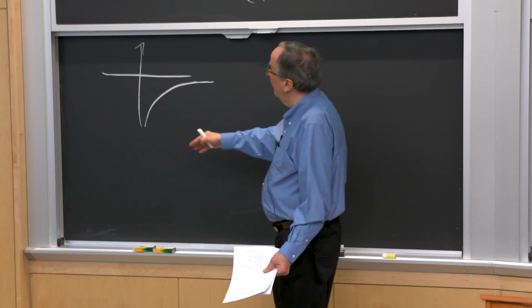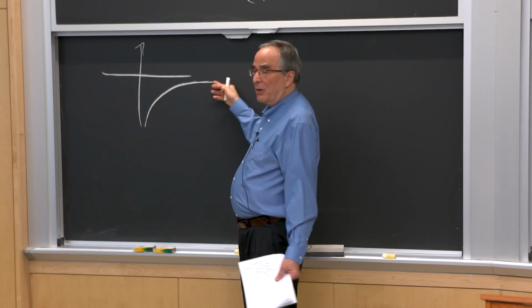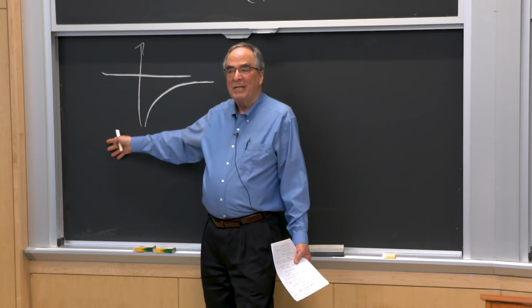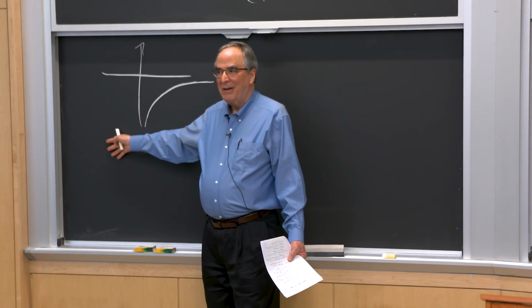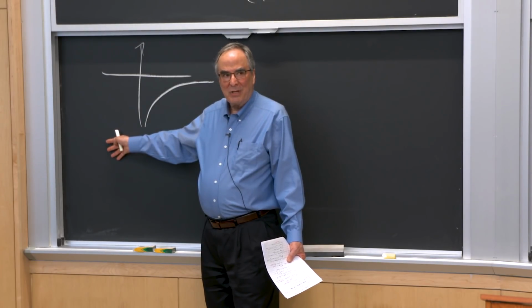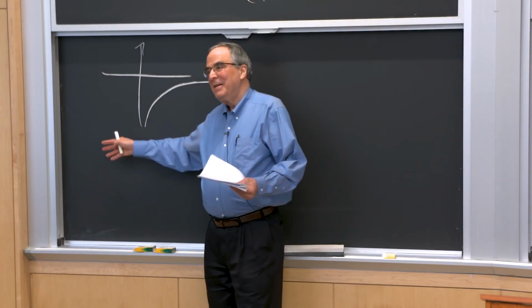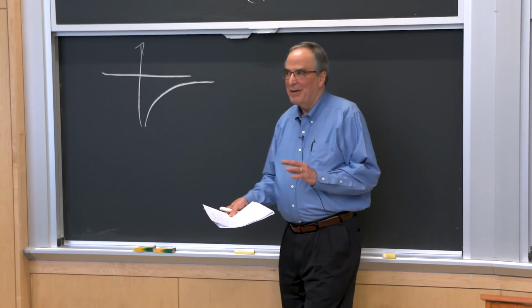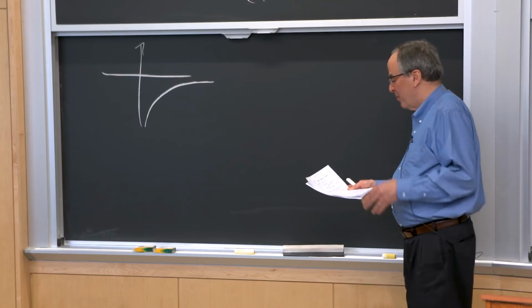Now here we have a potential which doesn't go to infinity here, and it does something strange here because you can't get to negative R in spherical polar coordinates. So is this a boundary condition or is it just an accident of the way we use coordinates?